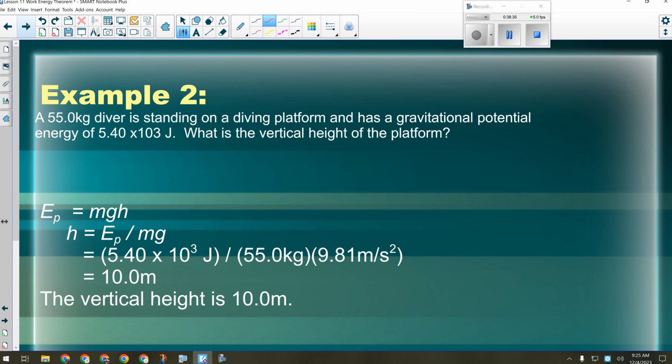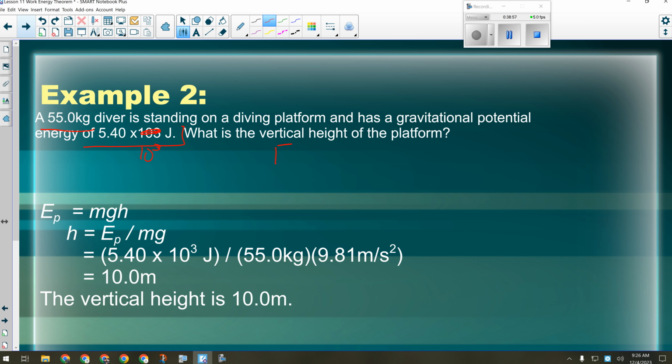Another way, we could have to manipulate it and be asked to find height when we're given the energy of something. So, we have a 55 kilogram diver standing on a platform. On the top of that platform, they have 5.40, that's supposed to be 10 to the 3, joules worth of energy. We're looking for the vertical height of the platform.